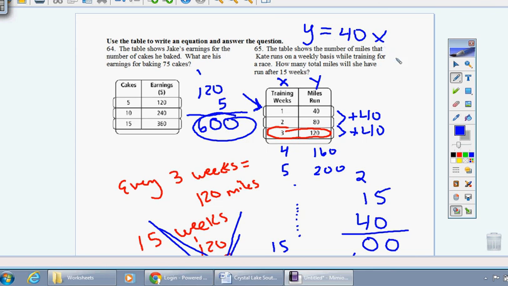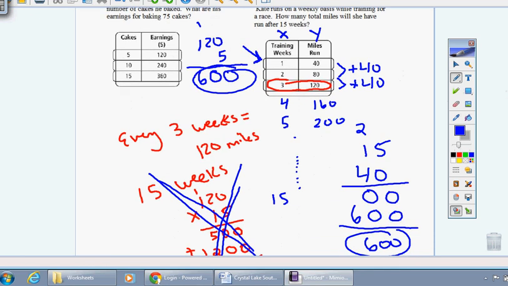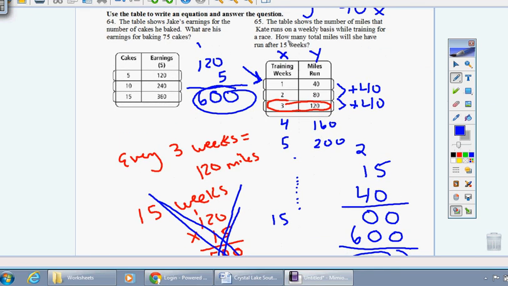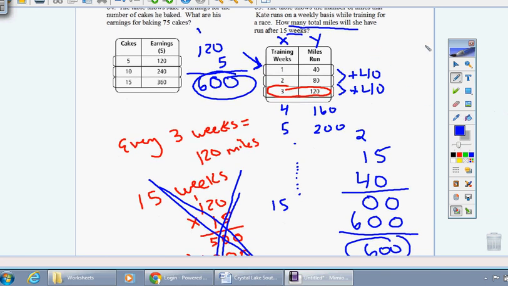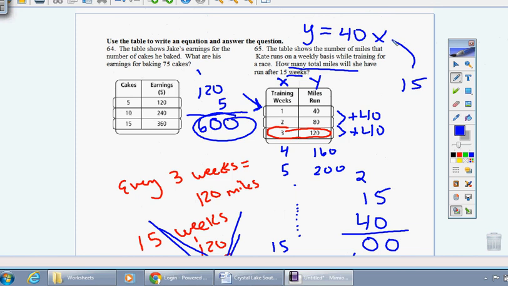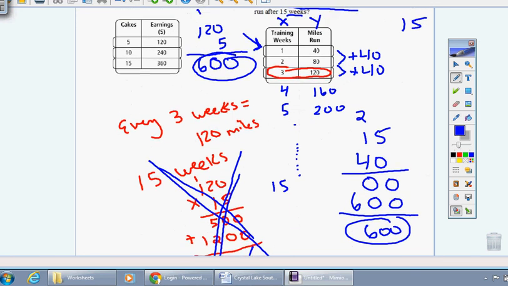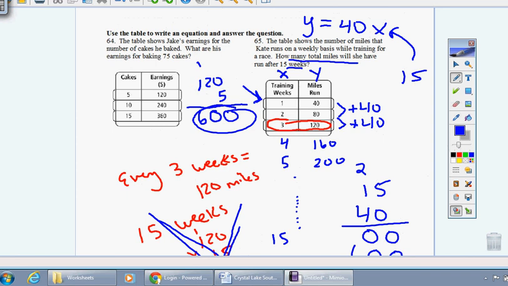Because every week that she runs, if I multiply that by 40, I'd get the total number of miles. So that's what we did here. If I want to figure out how many total miles she'll run in 15 weeks, I'm going to take 15 and plug it in for x. And if I do 40 times 15, I get 600. So whatever way works best for you.